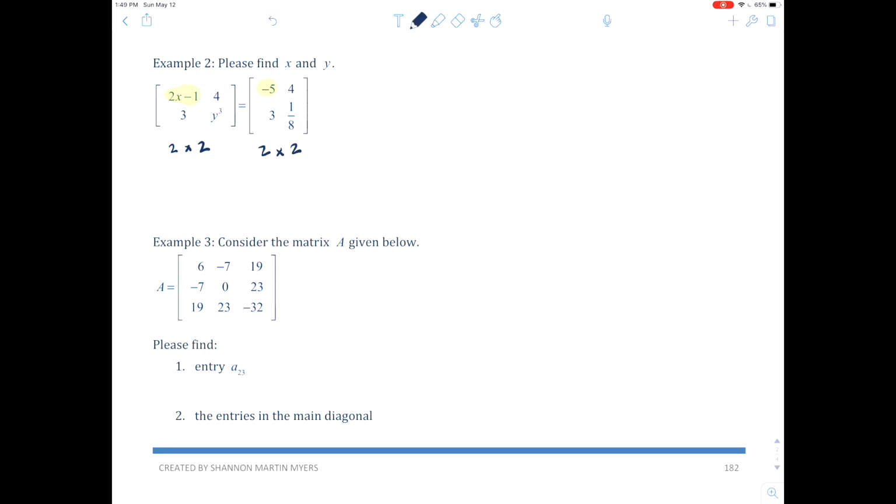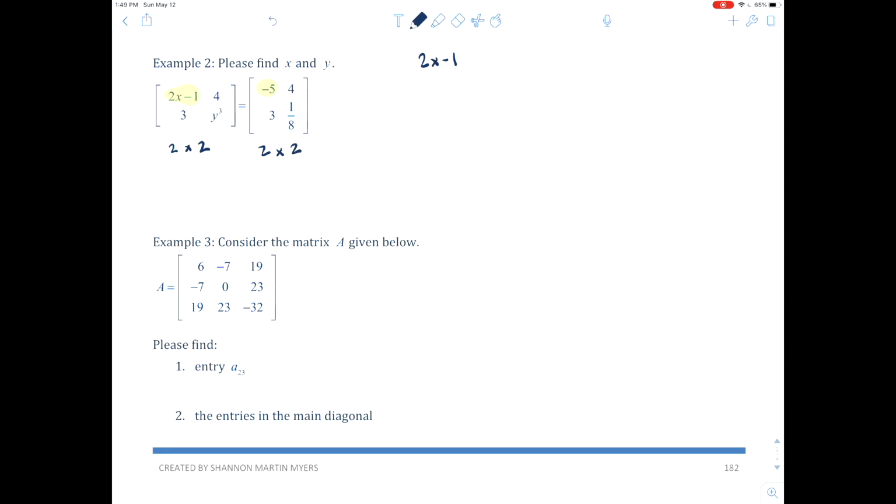And so you can just go ahead and solve for that entry. That's one of the cool things about matrices. In this particular case, what you're solving for isn't a system of equations. It's just a linear equation in one variable. But you'll do it 2 different times to solve for the 2 unknowns in the matrix.